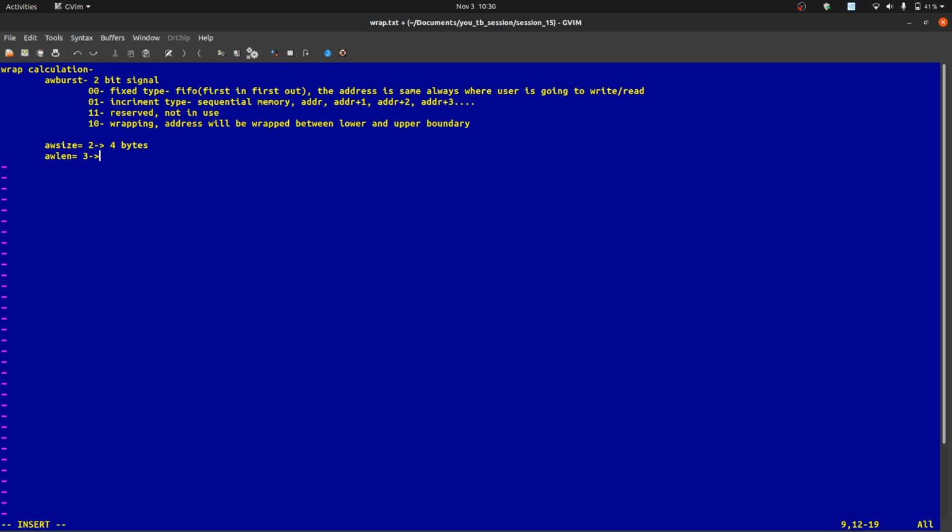That means 3 plus 1 is equal to 4 transfers, right? And after that AW burst is 2, that means 10, right? So that means wrapping type.